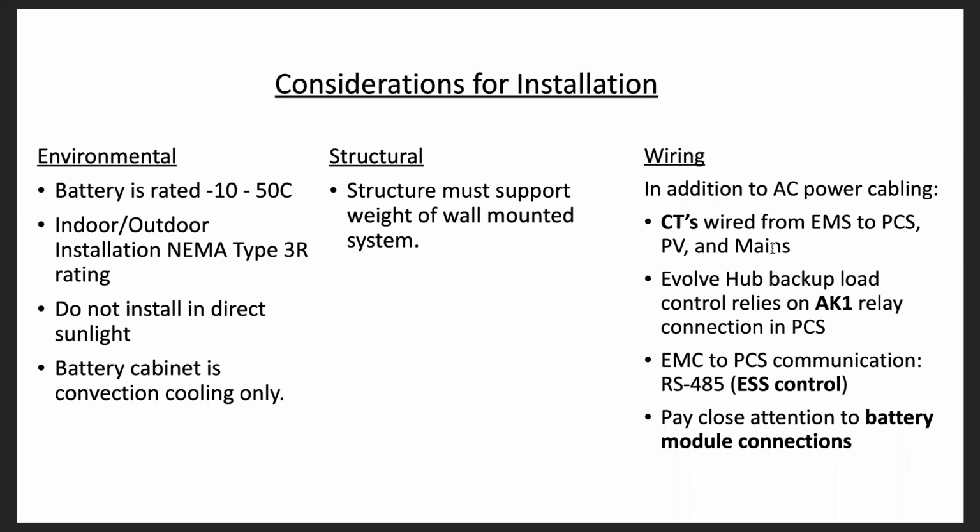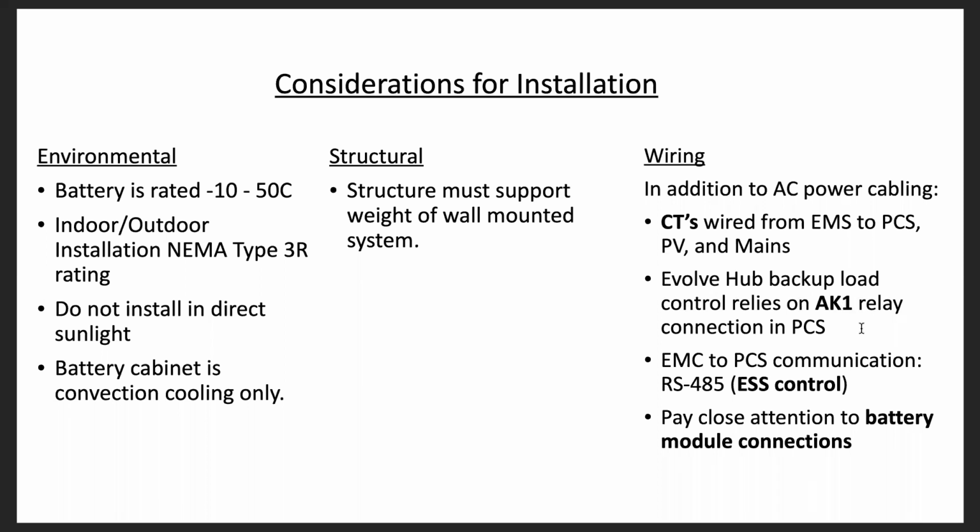Those CT wires that come with the CTs are rated at 600 volts and are twisted pair, so you can put them in the same conduit as conductors, but it is probably a best practice to put them in dedicated conduits. The Evolve Hub backup control relay, or the backup control itself, relies on an AK1 relay connection to the PCS.